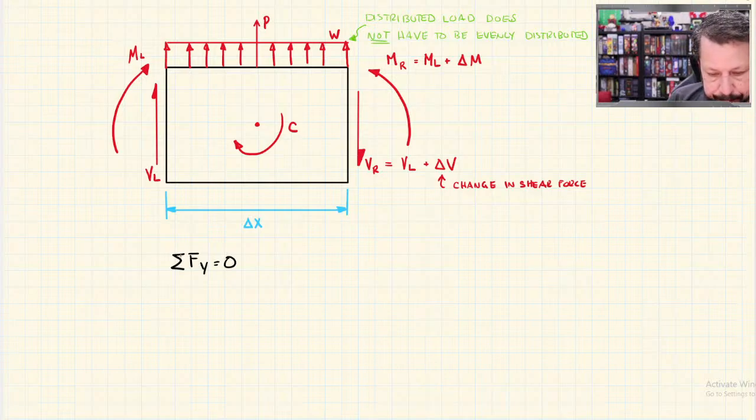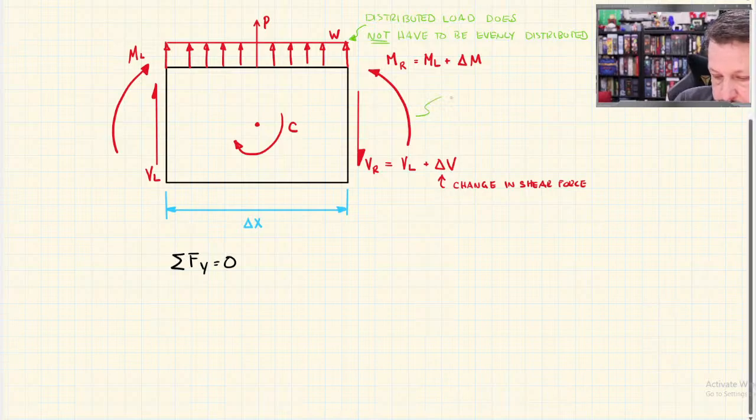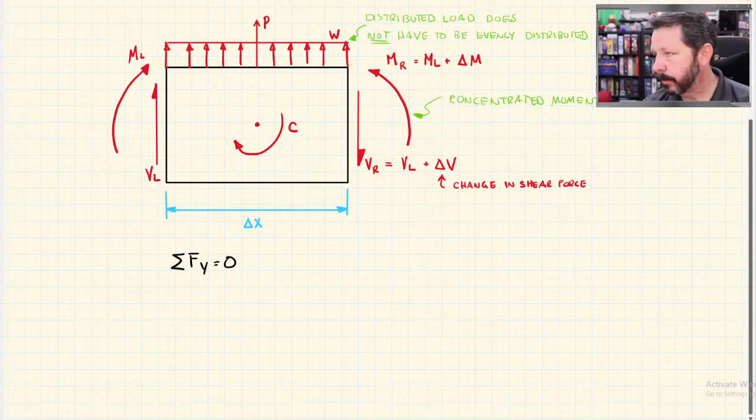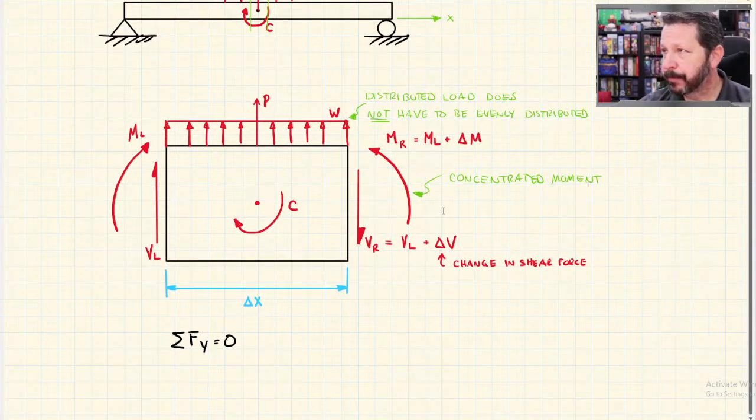All right. So first of all, the curved arrows. Just as a reminder, the curved arrows like this guy and all of the curved ones, those are concentrated moments. Okay, it's kind of under the picture here. There we go. Concentrated moment.